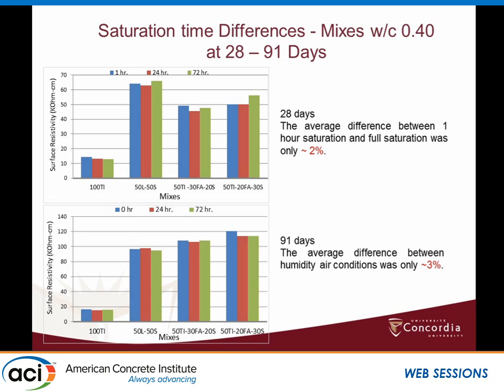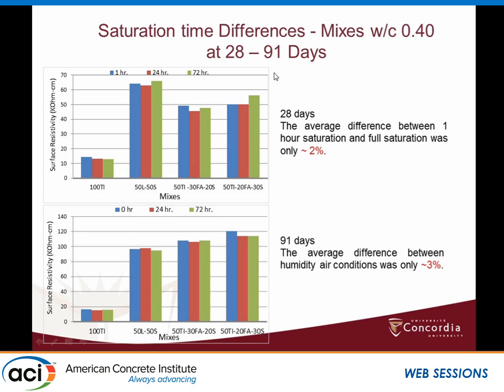And also another thing very important here is you can see the difference between using just mixes with 100% Portland cement, and how the resistivity increases when you are using a slag or any other supplementary cementitious material. It is almost more than 6 times the value that you are going to obtain.